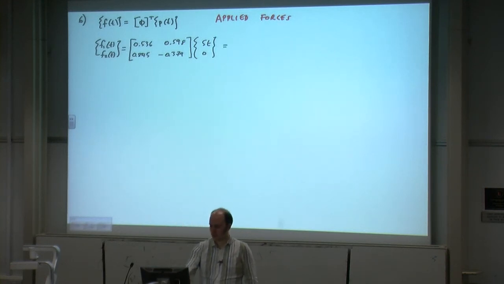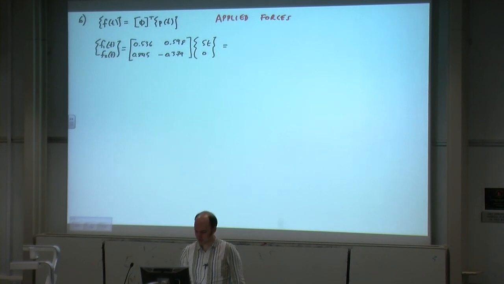And so if you do the sums, we've got 0.536 times 5t, which comes out to be 2.68.